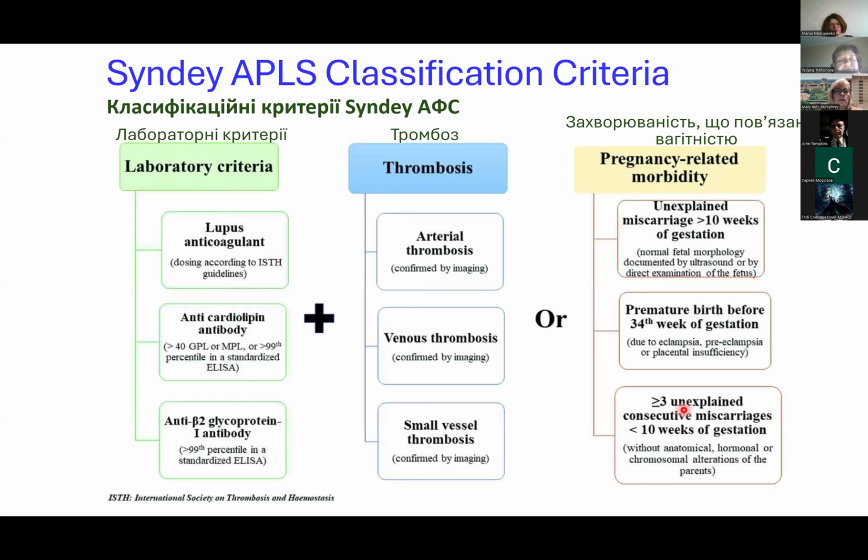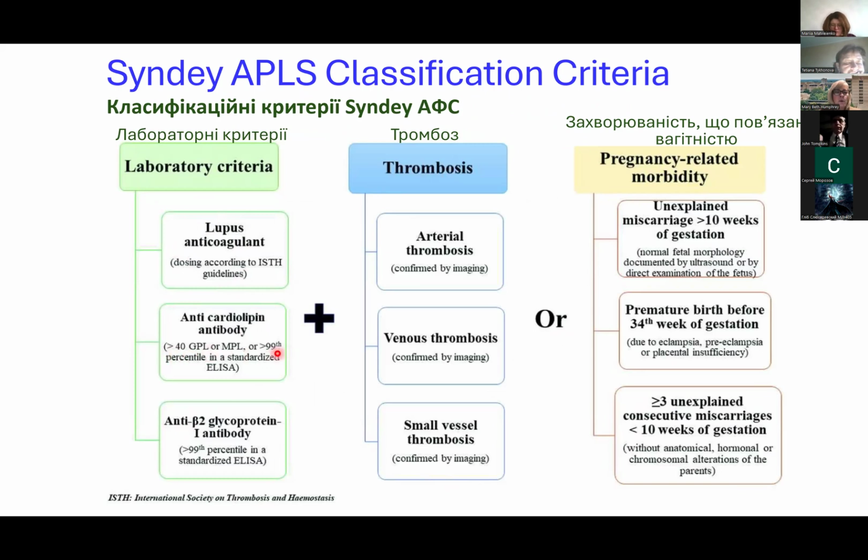So there are several criteria designed by the International Society of Thrombosis and Hemostasis. And the laboratory criteria include one or more of these antibodies. So we talked about the lupus anticoagulant, anticardiolipin antibody, and you'll see they gave cutoffs.